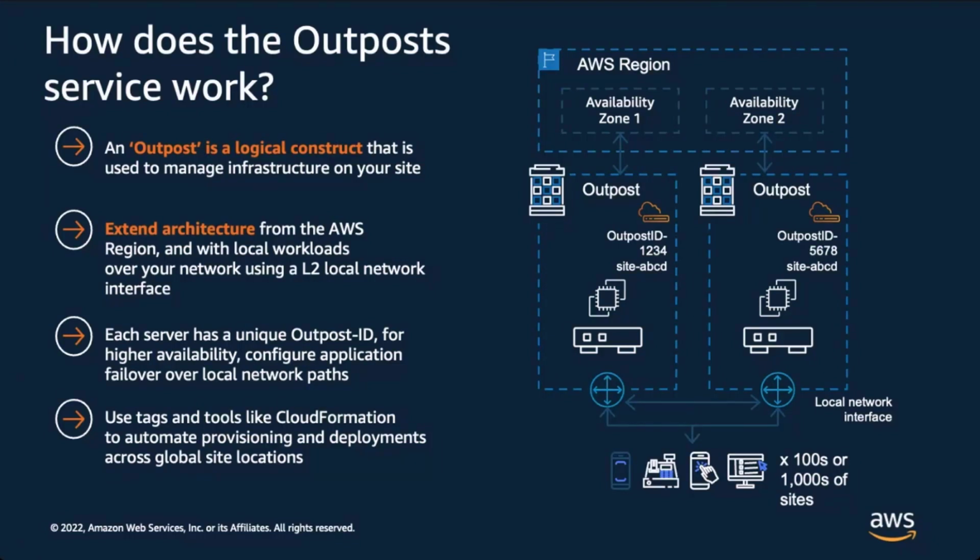And you can still use all of your other tooling that you might be using today in a region. If you're using CloudFormation, you can still use CloudFormation with Outpost servers or racks as a target. If you use third-party tooling, things like Terraform, you can certainly continue to use those tools with things on Outpost servers.